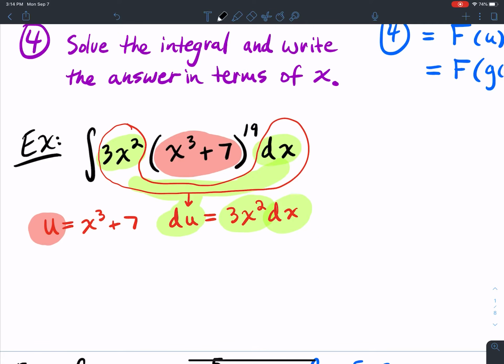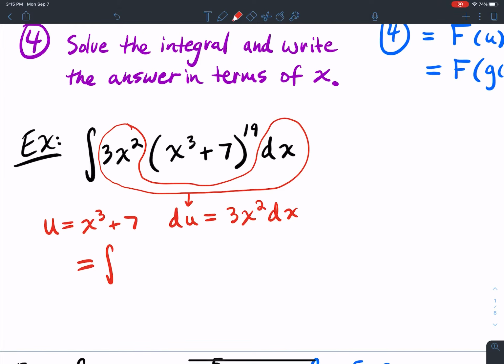So another way to know that it's a good u is if I see the thing that I think is my inside function, and then I see the inside function's derivative sitting out to the side. That's a good way to know what's u and what's du, okay? So I see a function on the inside and then its derivative sitting on the outside. That's a good pick for u.